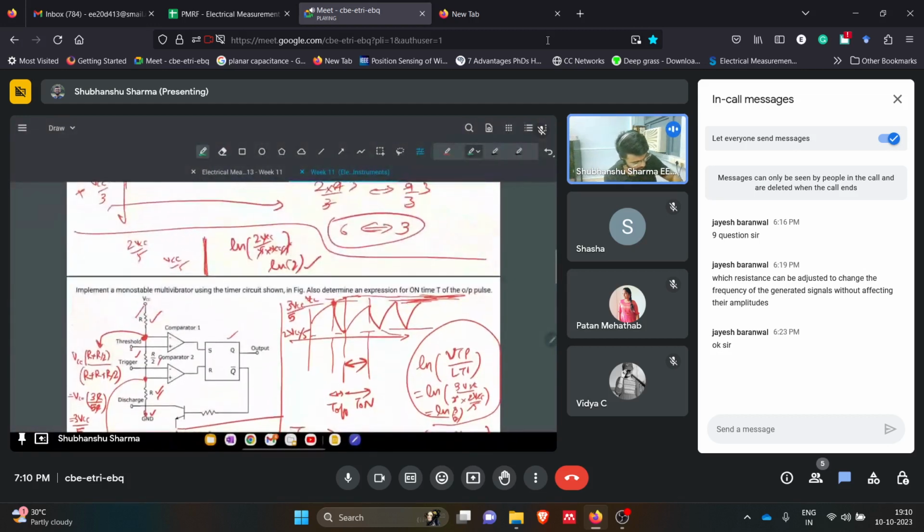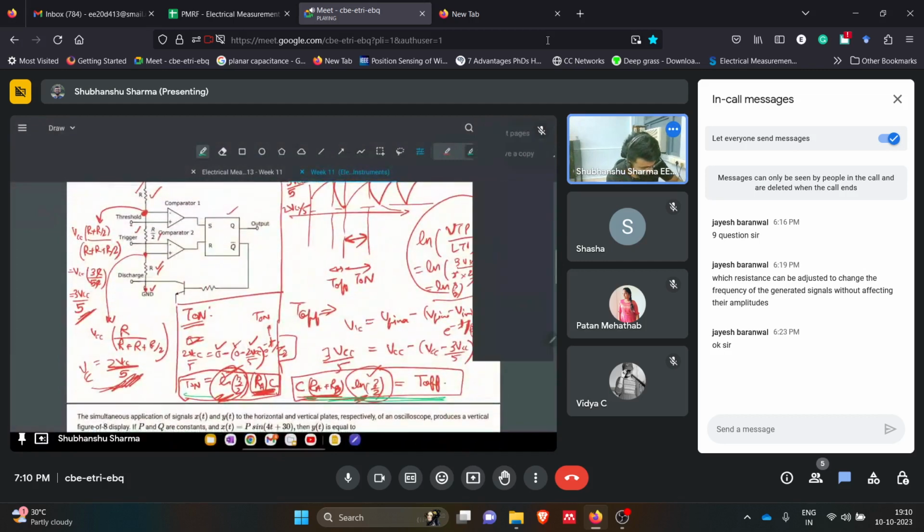without solving this much. Where should I write? I will add a page here. Wait.